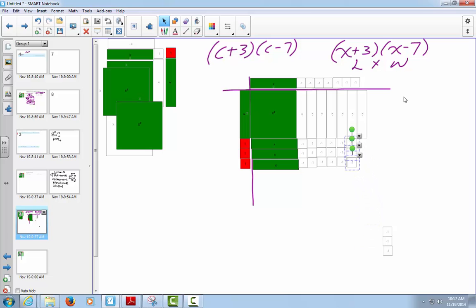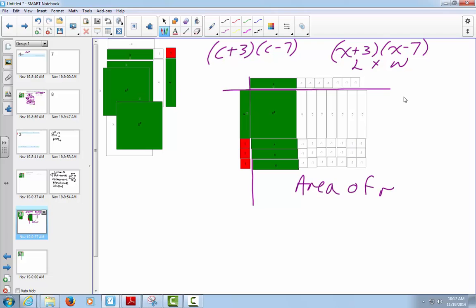So the whole purpose of this is that now we're finding the area of the rectangle. I have 1 x squared.